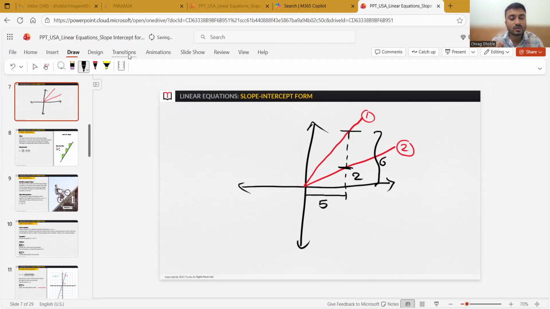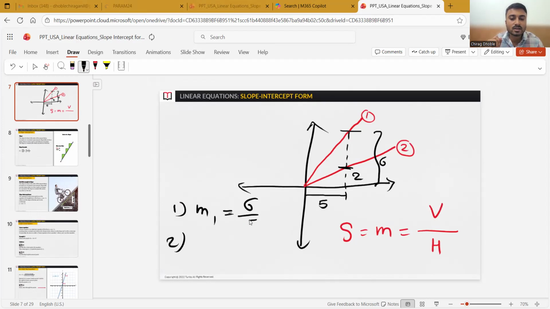So the formula we can write based on the vertical and horizontal distance is that slope S, sometimes also called M, is equal to the vertical distance traveled for the horizontal distance, so V upon H. Now if you put in the values for line 1 and line 2, M1, the slope of line 1, becomes 6 upon 5, since the vertical distance is 6 and the horizontal distance is 5.